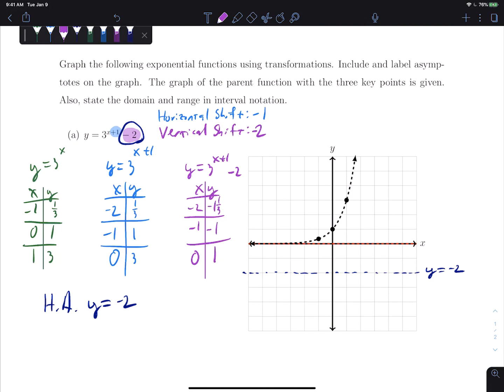So we go left 2, down 1 2/3. My apologies. Then -1, -1, and 0, 1. And you should be able to see the new function from all this. There you go.